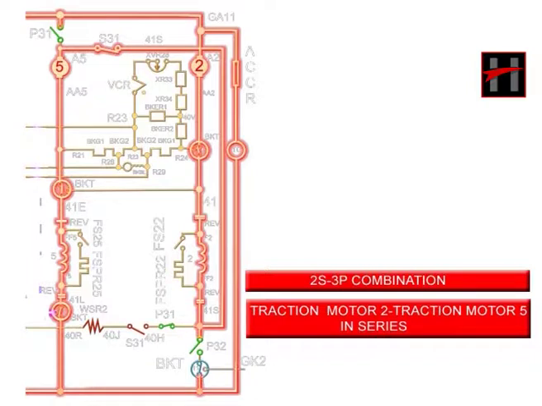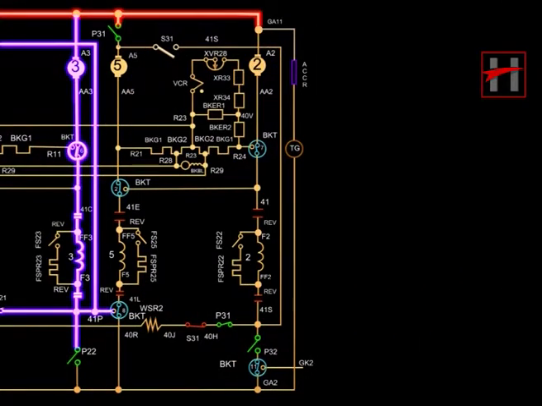Let us now take a look at the current flow in the traction motor's 2-5 combination. The current from GA11 energizes traction motor 2, BKT contact 7 in the motoring mode, cable number 41, reverser contact, the field of traction motor 2, reverser contact, cable number 41S.